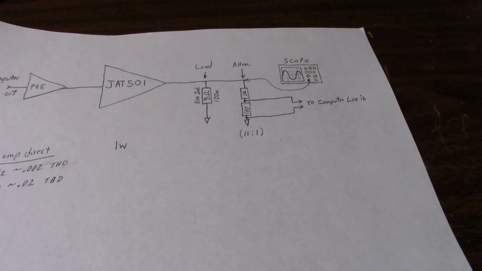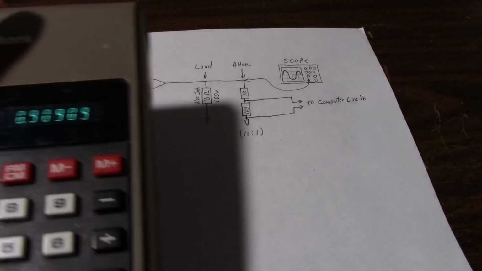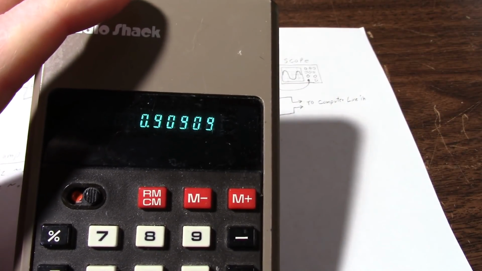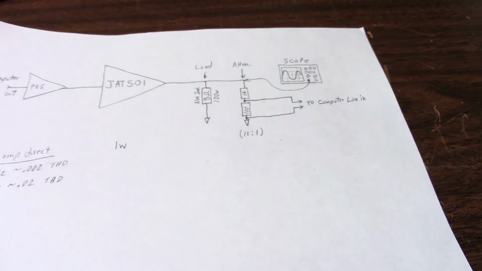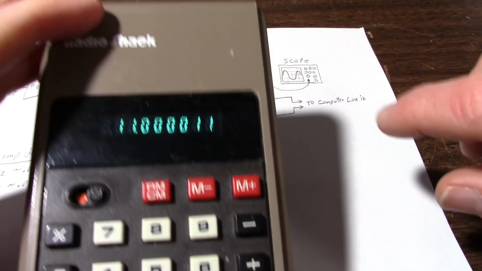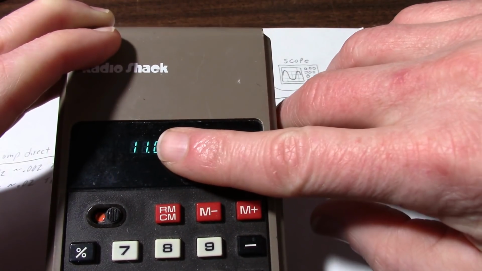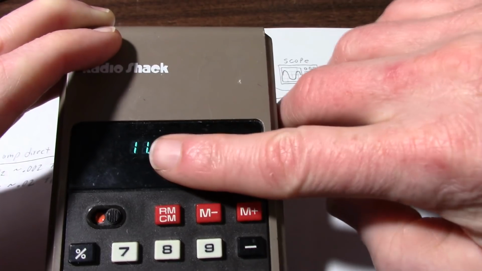So just multiply that by 100 ohms to get back to the voltage at this point. So it calculates out to 909 millivolts. So 10 volts divided by 0.90909 equals 11. Of course, 0.90909 continues on indefinitely, so just ignore that.